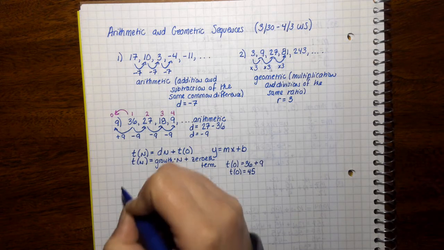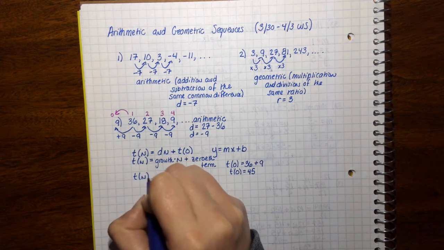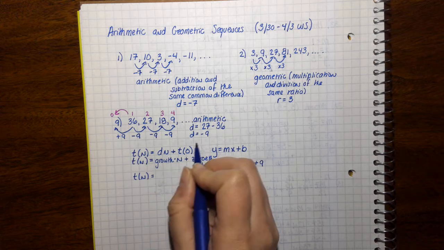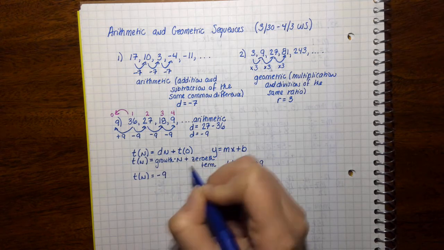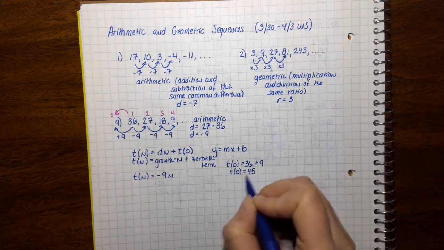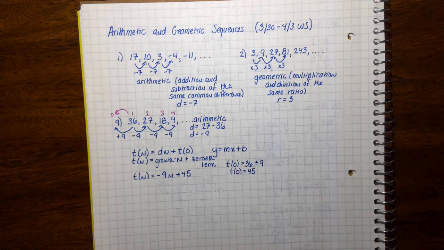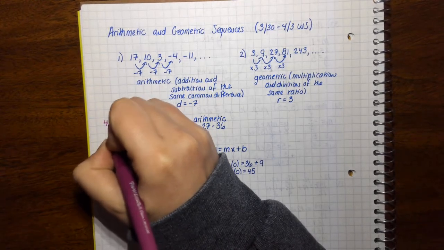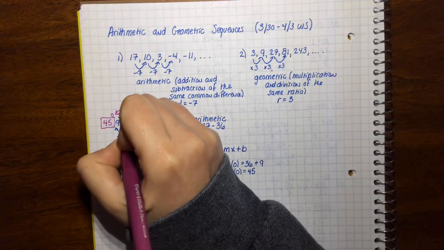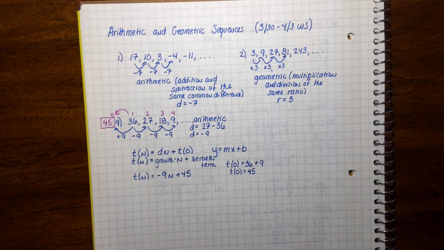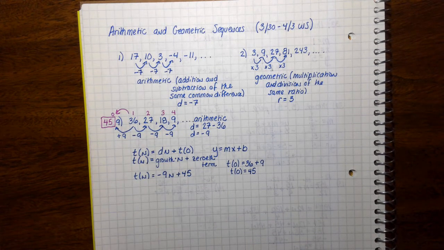Okay, we're ready to write our equation. T of n equals growth, which is the common difference, negative 9n, plus the 0th term, which would be 45. Remember, there would be a 45 in front of this sequence. Okay.